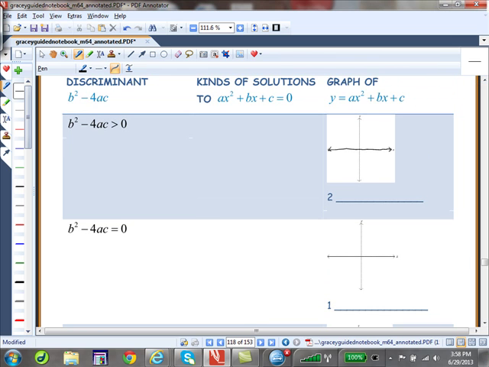Okay, so here we go. If the quantity under the radical is positive but non-zero, right? What that means is you have two unequal real solutions. So, actually, let me write it like this.